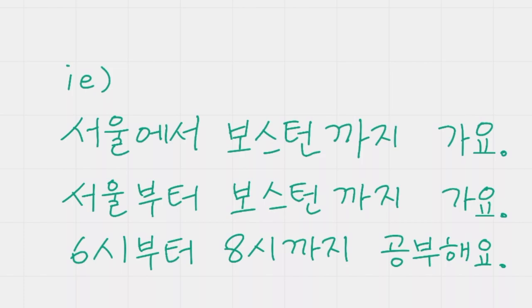Okay, so let's do some dialogue. If you want to ask by using this particle, how far are you going? That means we have to use 어디, where. So literally like where up to will you go, pretty much.